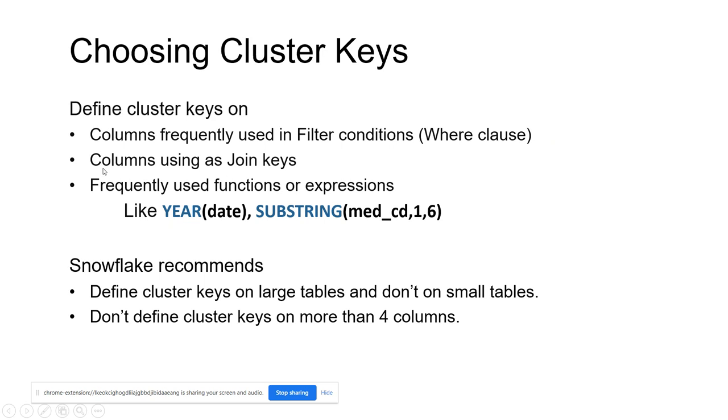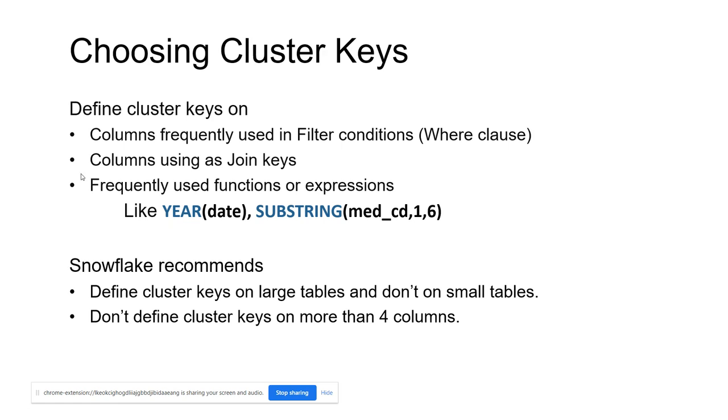And the second one is columns used as join keys. If we have big queries where we are joining multiple tables using join columns, join columns are very important to join two or more tables. So Snowflake recommends using cluster keys on those join columns so that the query performance will be improved a lot.